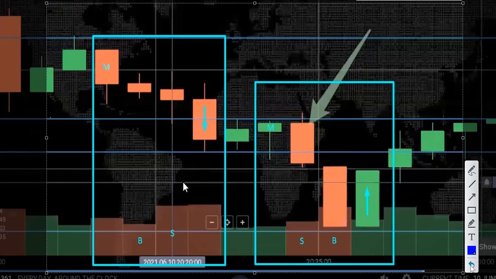Now I will show you how the Marubozu works here. In this candle, if we apply the bar chart, we will find that this candle is a Marubozu. Now which party didn't enter in this candle? Sellers didn't enter in this candle.